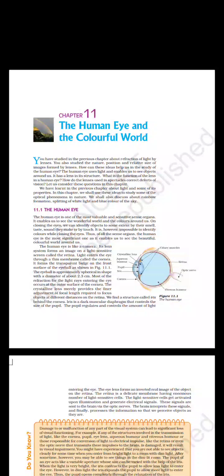If we talk about refraction, that is the light ray passing from one medium to the other, and the bending of the light ray while passing from one medium to another.